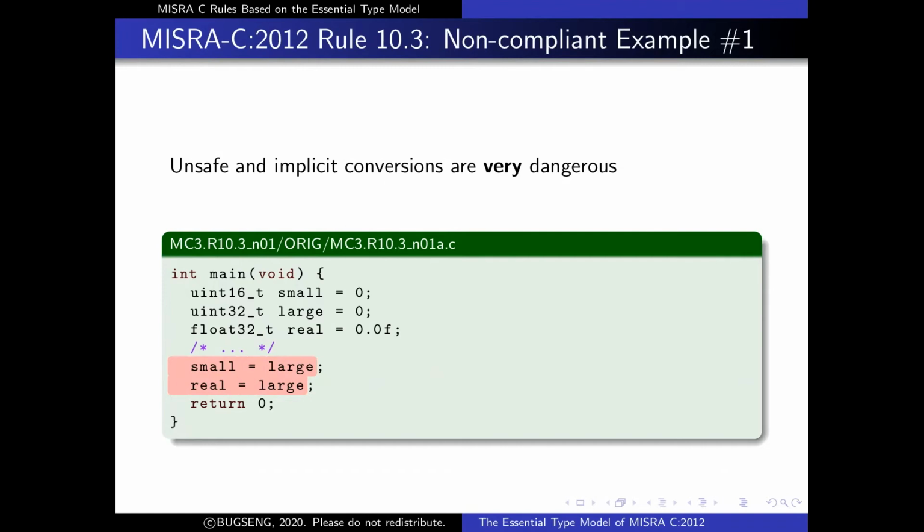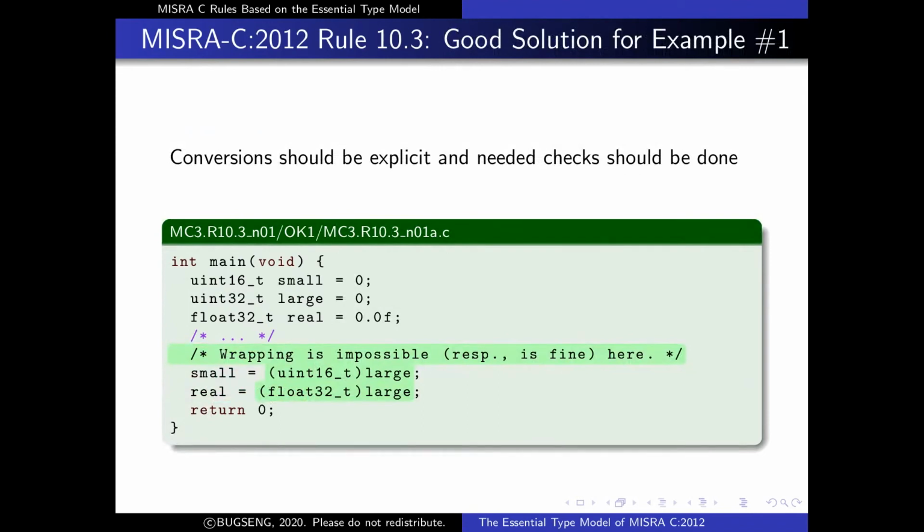One possibility, which must be used with great care, is to use an explicit cast instead. And even though MISRA C doesn't prescribe it, you should also have comments to explain, for example, that in the first assignment wrapping is either impossible or something that is wanted. It's consistent with the intention of the programmer. We'll come back to this subject later.